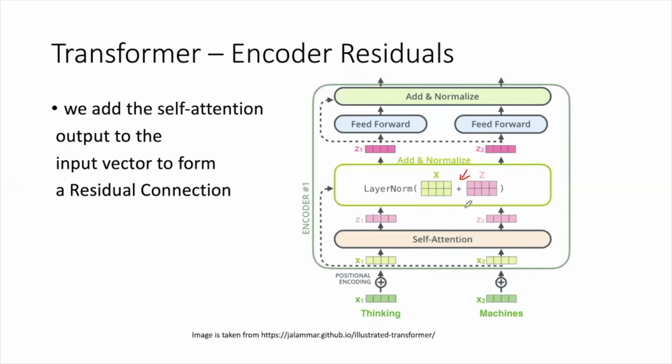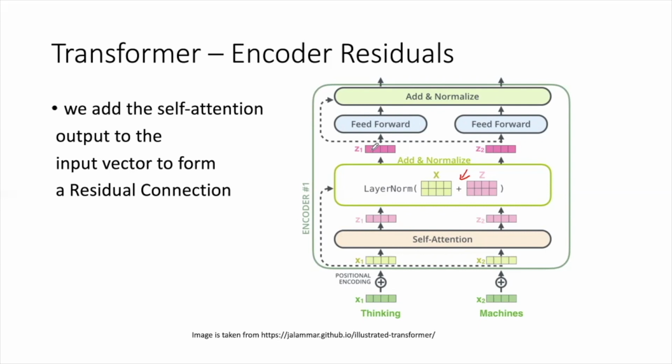Once we do this addition, we normalize all these vectors. Let's say we have 4 input words; we'll have 4 contextual representations, and we normalize them to get normalized vectors. Those normalized vectors are passed on to the feed forward network. So there's a layer normalization layer in between; we don't directly pass it to the feed forward network.